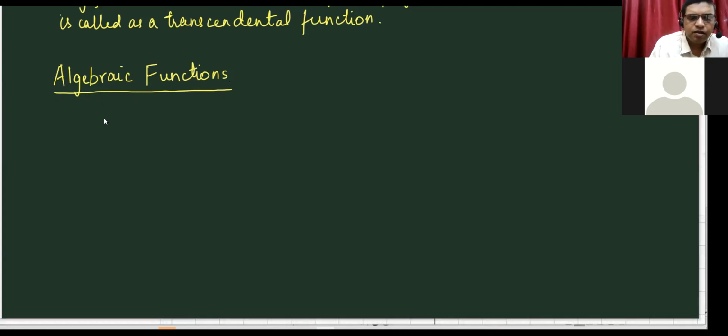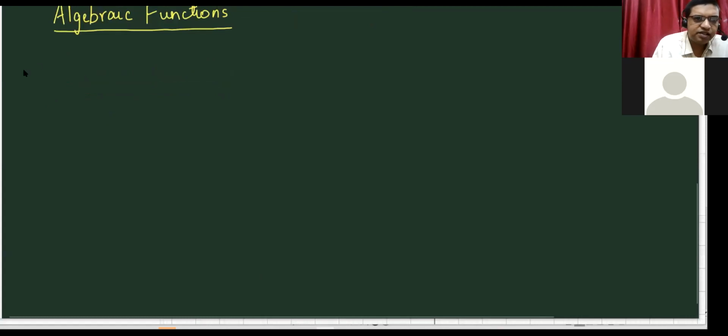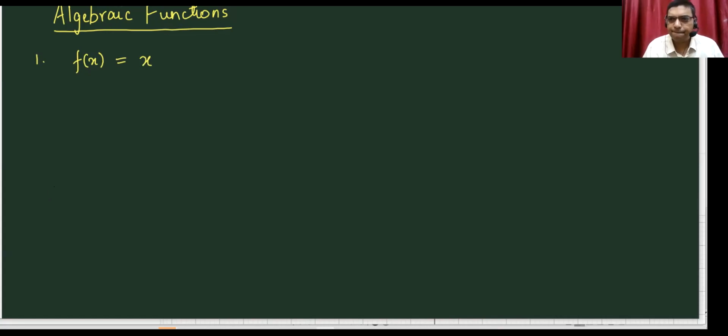So now we'll take some of the basic algebraic functions. All right. Now I'll show the graphs also. Function f of x is equal to x is the basic algebraic function, the simplest of algebraic functions. And we know what the graph of f of x equal to x is.